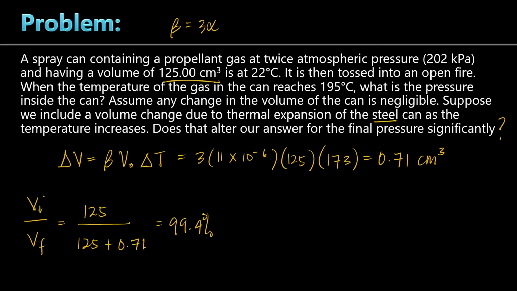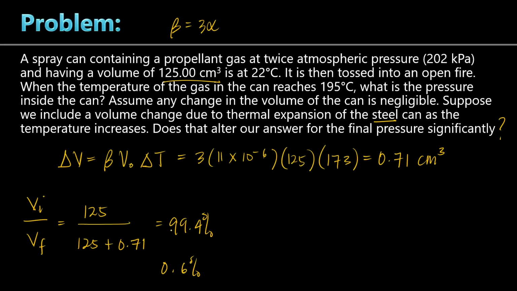Okay? So that means gaano karami yung nadagdag? Ibig sabihin, nadagdag lang yan ng 0.6%. Diba? Yun lang yung effect ng expansion ng lalagyan. Ang tanong, maa-alter kaya significantly? Parang hindi naman kasi 0.6% lang. Compute natin ha, ano ngayon ang final pressure. Okay?